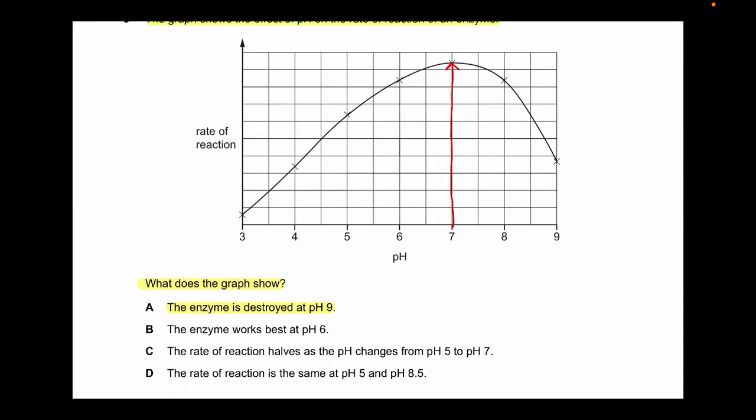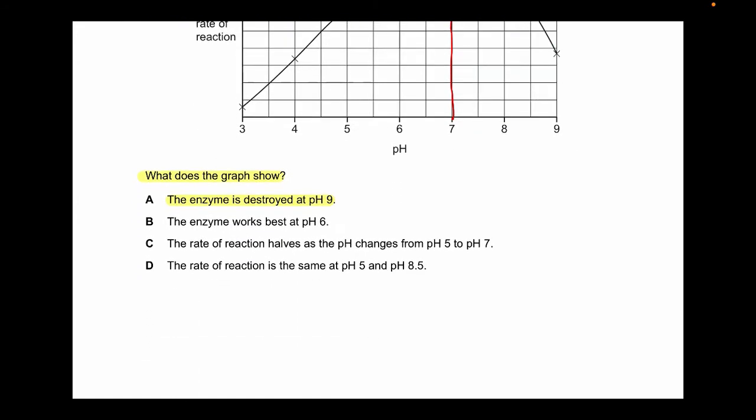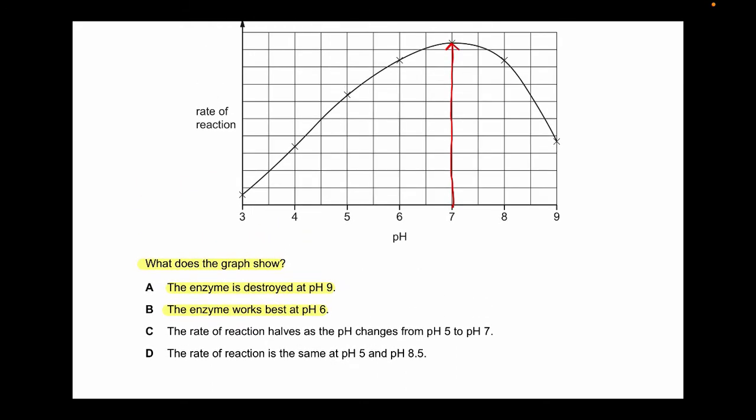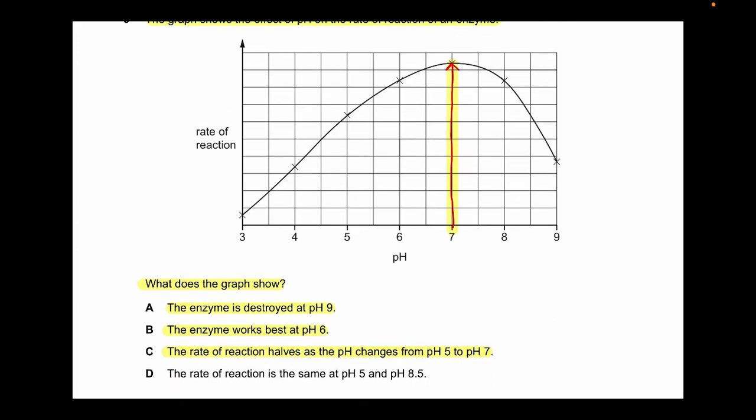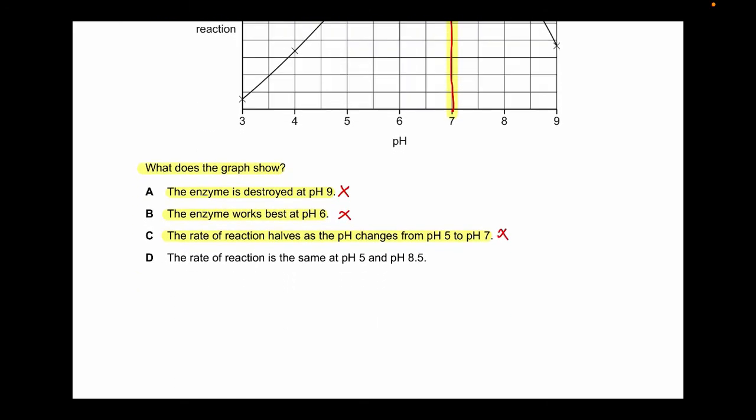Well, the enzyme still has some rate of reaction, so it's not completely destroyed. The enzyme works best at pH 6, and the enzyme works best at pH 7. The rate of reaction halves as the pH changes from pH 5 to pH 7. So from pH 5 to pH 7, the rate is actually increasing. So options A, B, C are all wrong. So option D, the rate of the reaction is the same at pH 5 and 8.5.